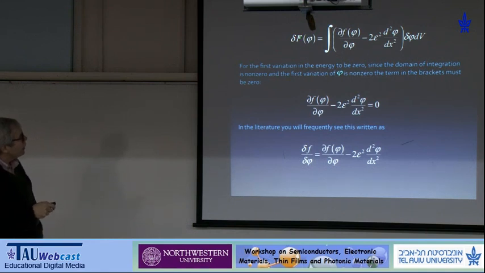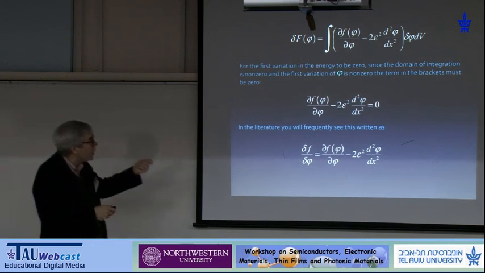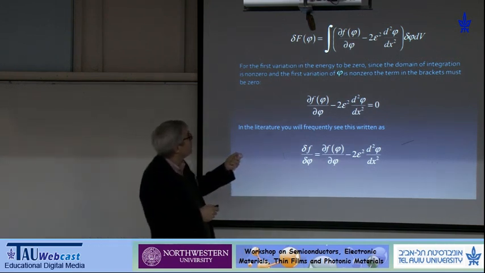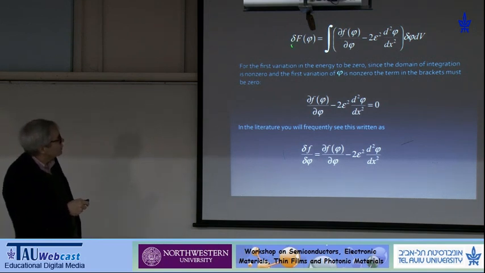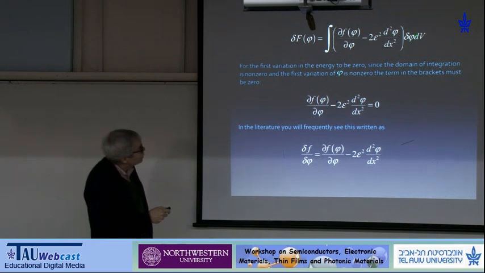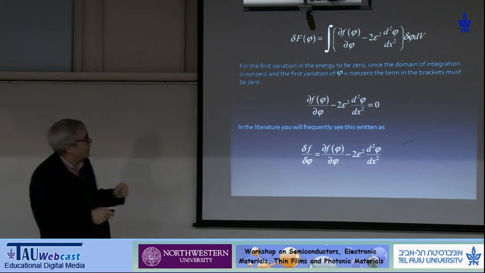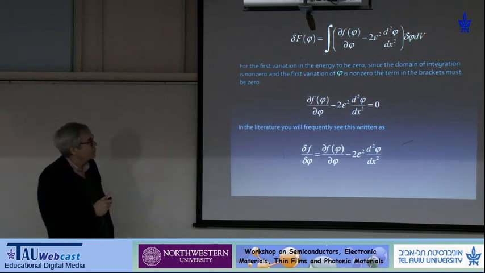Okay, and so now you say, well, I have to set this first variation to 0. We want to extremize it. We want it at a minimum or a maximum. And now you're faced with how to set this integral to 0. There are two ways of doing that. One of them is to choose the variation in phi in just the right way so that the integral is 0.